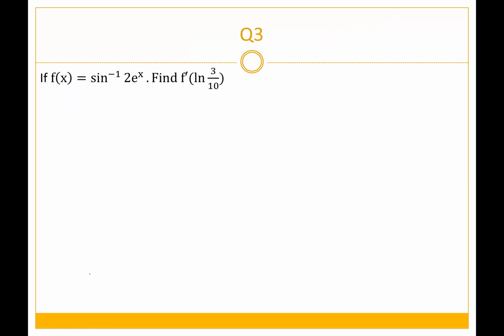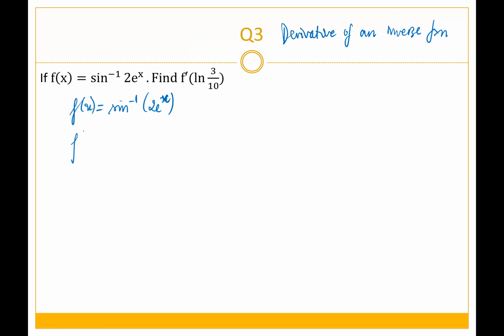So then the next one is question 3. Find the derivative of that. So we have f of x equal, so this is the derivative of an inverse function. Then f prime of x is going to be, what is the derivative of inverse sine? It's going to be 1 over square root of 1 minus this thing squared.